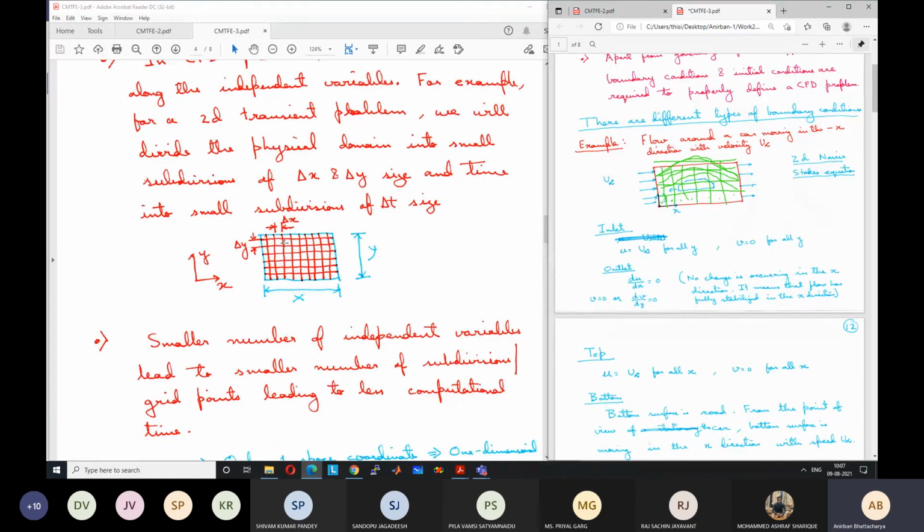What will happen is that many of the solution algorithms that we will see later, like matrix inversion, need to be solved. Depending on the number of control volumes, we will have a number of equations. If we have n control volumes, we have 3n or 4n or some linear multiple of n equations. Let us consider that the number of equations will be of the order of the number of grid points or control volumes.